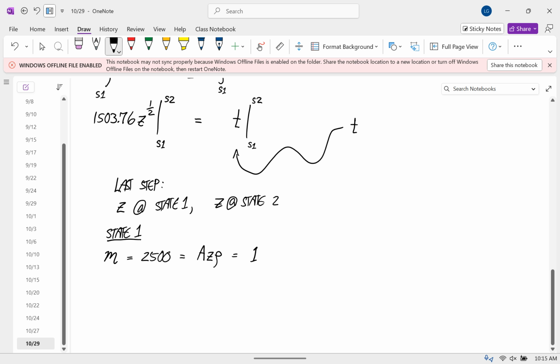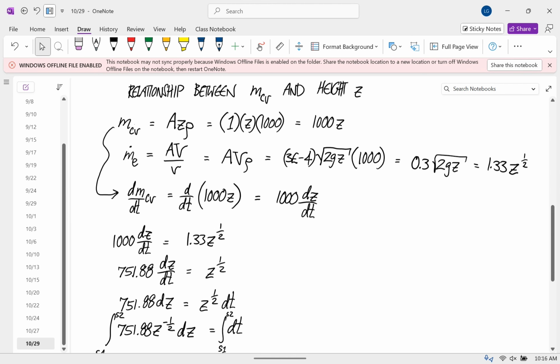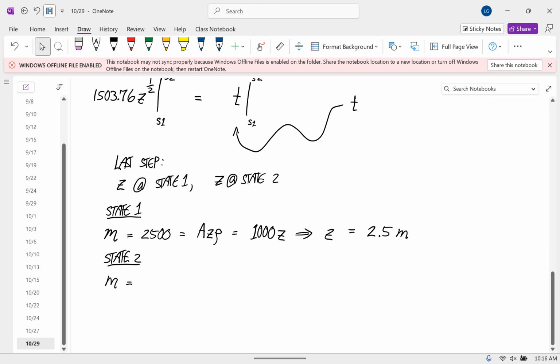So that's 1,000 Z. And so Z is equal to 2.5 meters. And then at state 2, the mass was 900, I think, 900 kilograms. That's equal to area times height times density. And so Z for this is 0.9 meters.